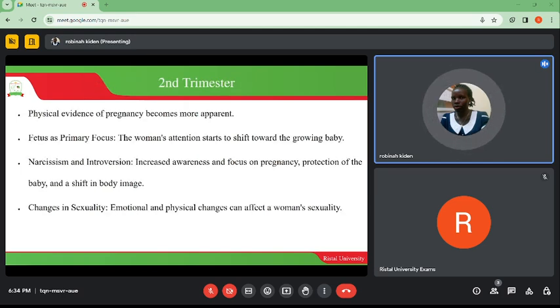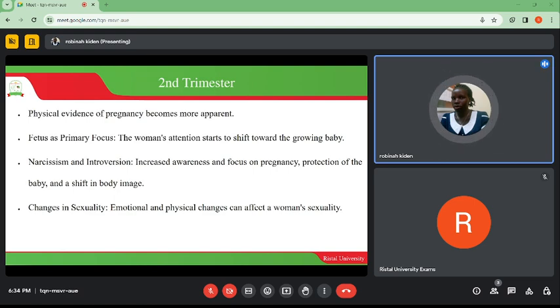Then in the second trimester, there is physical evidence of pregnancy. This can be observed now, and when it is observed, it creates that feeling of, yes, really, I am pregnant.